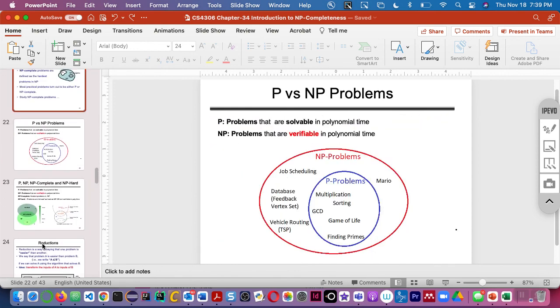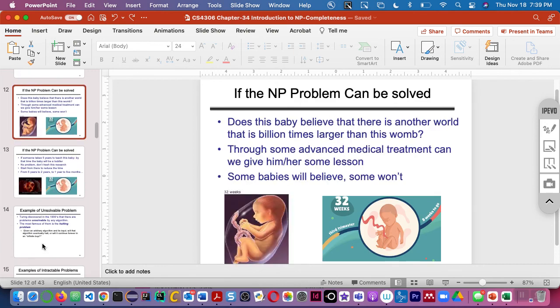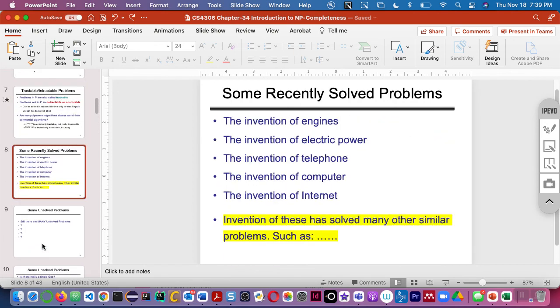Okay, as I said, for instance, electricity, computers, telephones, the internet, these are recently solved problems, right? You may find another set of recently solved problems in another domain, maybe the medical domain or business domain. So find a set of problems that were recently solved, from your own domain, okay?